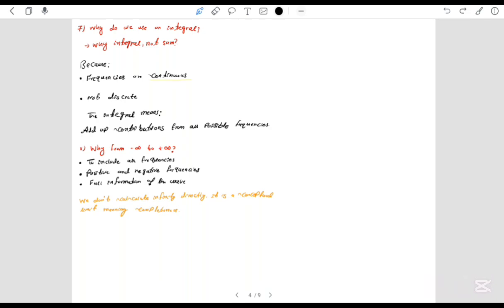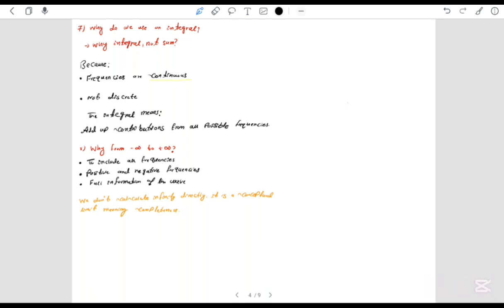The integral means add up contributions from all possible frequencies. It's like saying add up this person with this person with this person, and you get something. This is called the integral. You're just going to sum up all possible frequencies.